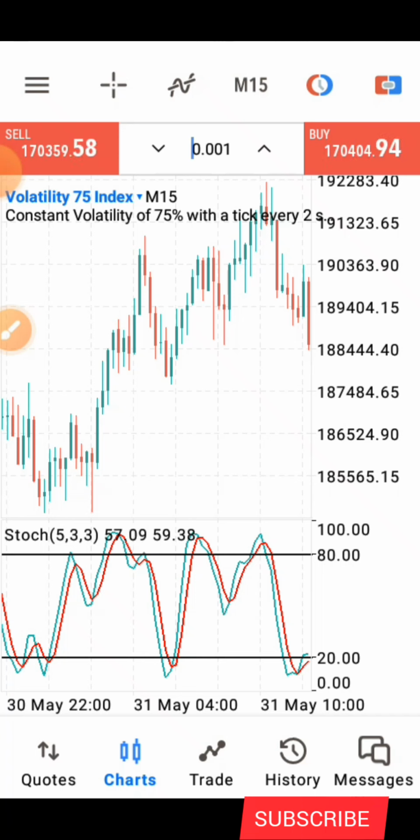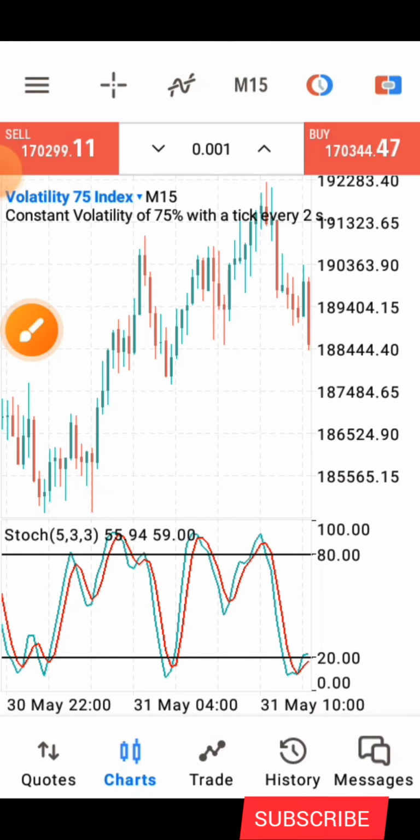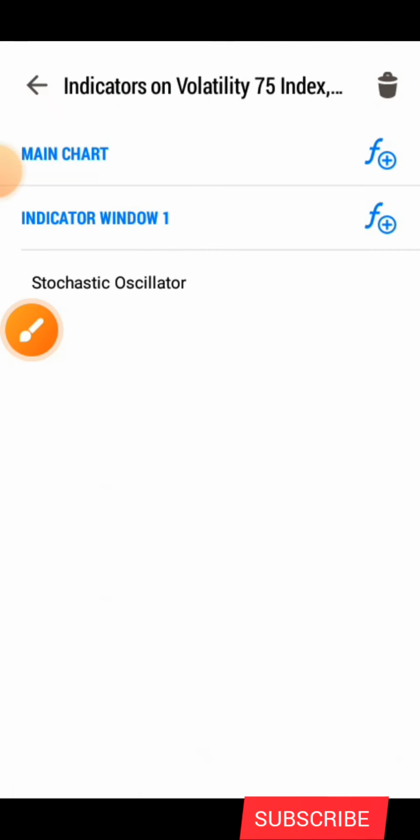All right, so before we go into that, let me quickly share with you guys the setup. Okay, so the first thing we are going to do here is to click on this icon here, this one right here. So after clicking on that, we only have one indicator. Okay, it's a very simple strategy to set up.